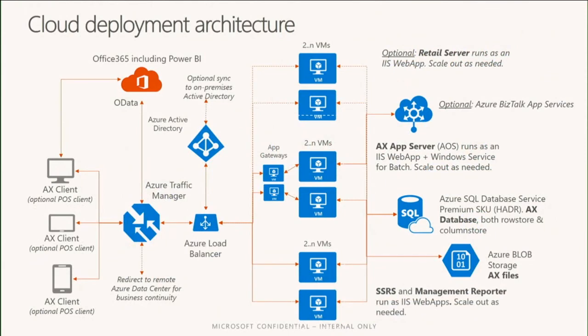So what do you get in a cloud deployment architecture? You have your AOS. This is on the IaaS stack, and so we manage your application. You have an application gateway that will route your requests to your AOS machines. Your BI is there for SSRS reporting and the Power BI integrations.